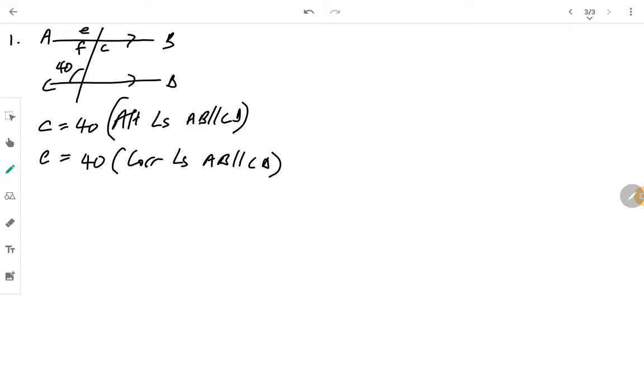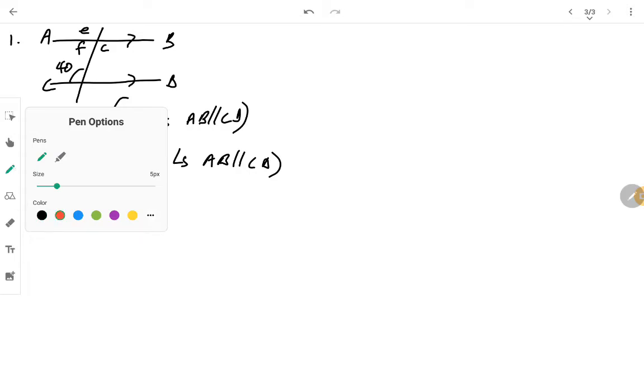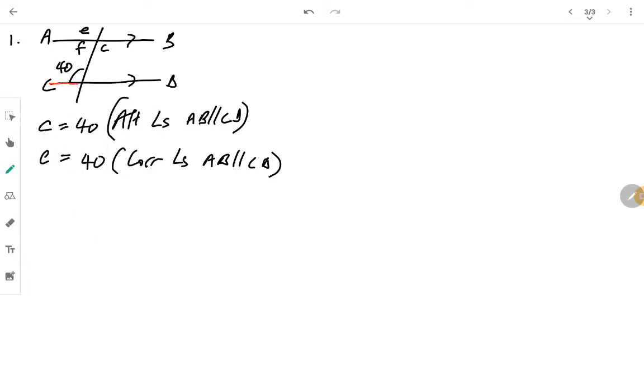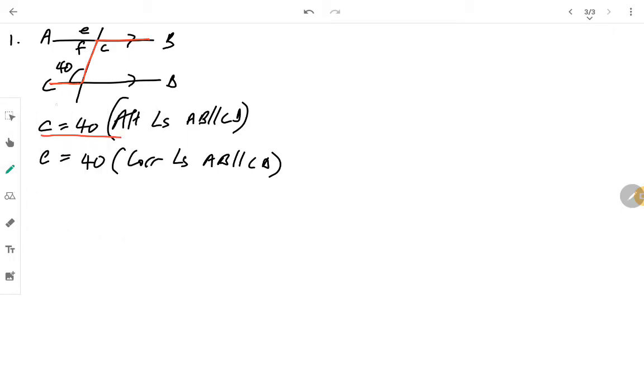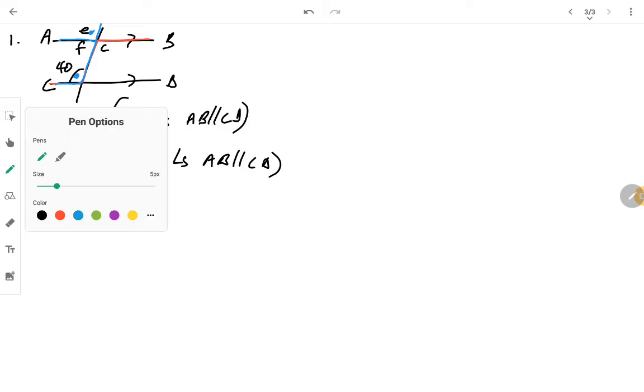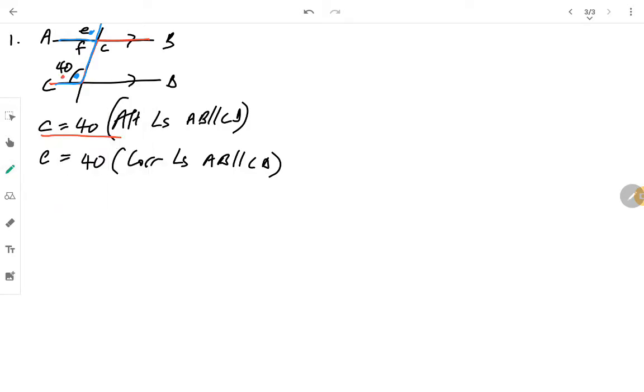So if you look at this, I can say this is my alternate. That's the red, alternate angles. Then if I do this, that is the F. So the red one here, alternate is this and this.